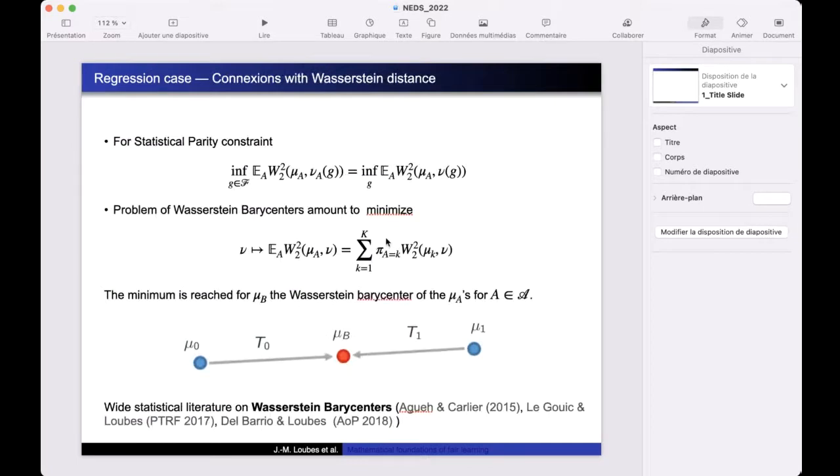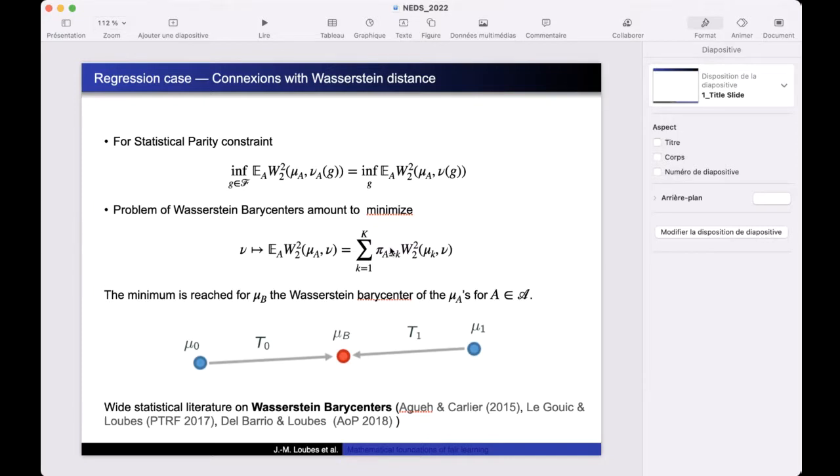So when I try to minimize this condition, then if A is discrete, this expectancy is just this sum. And you see, I'm looking at a regression function G whose distribution nu is minimizing this quantity, and this is exactly the formulation of what is called the Wasserstein barycenter.